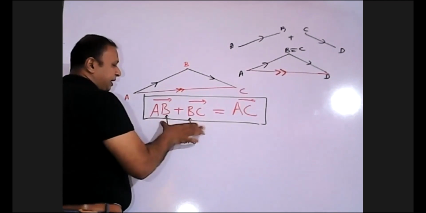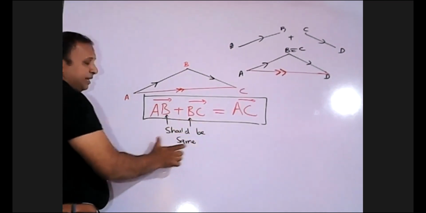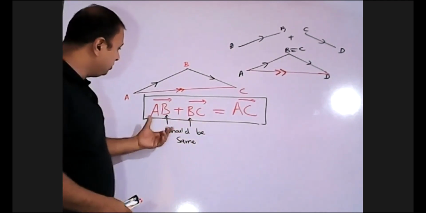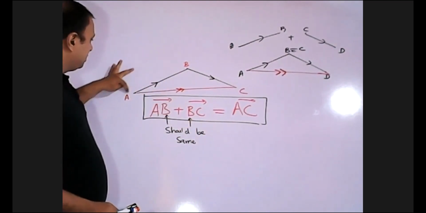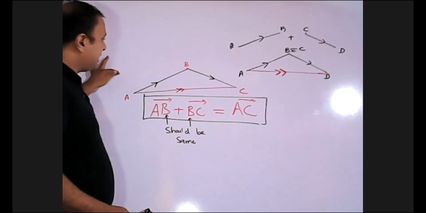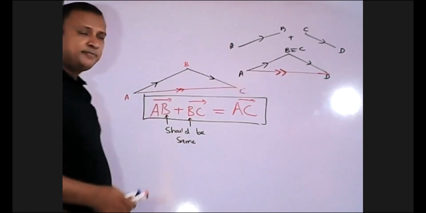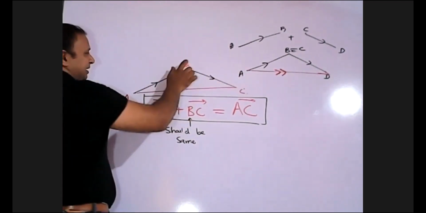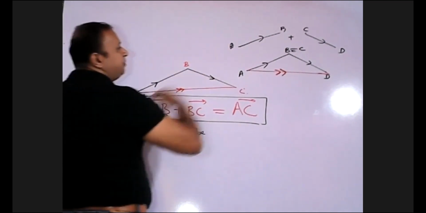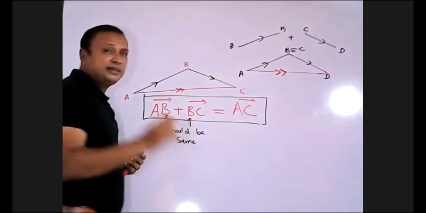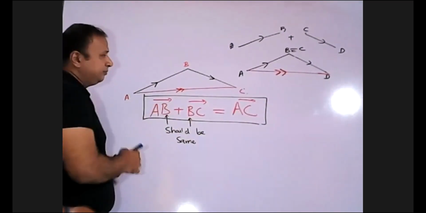What I explained here about this expression, suppose if you have this kind of triangle, now there's only one point. If you coincide B, there's only one point.